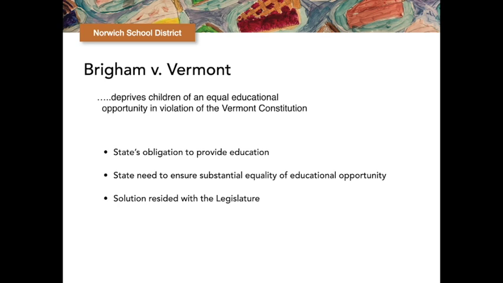Also, that in order to fulfill its constitutional obligation, the state must ensure substantial equality of educational opportunity throughout Vermont. The ruling also noted the state needed to provide equal opportunity, not precisely equal per-pupil spending in all districts. And the Supreme Court also noted that the solution resided with the legislature.